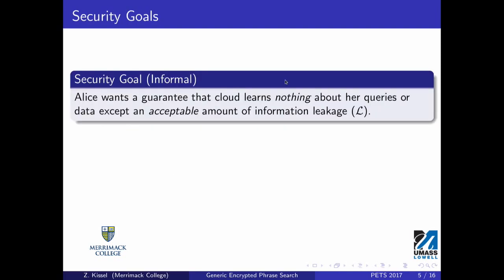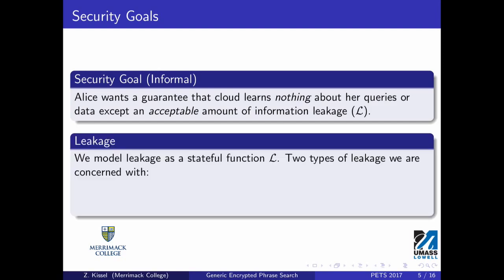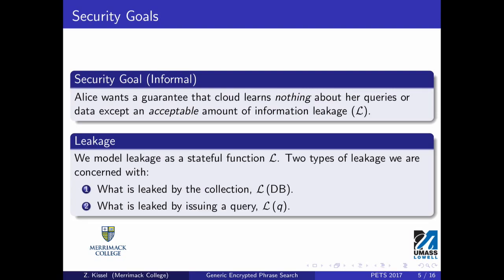The security goal of a system like this is you want to guarantee the cloud learns nothing about Alice's queries or data except some acceptable amount of leakage. This is an absolute security. We'll model leakage as a stateful function, and we're concerned with two pieces. What's leaked by the existence of that collection on the cloud, and what's leaked by query processing.